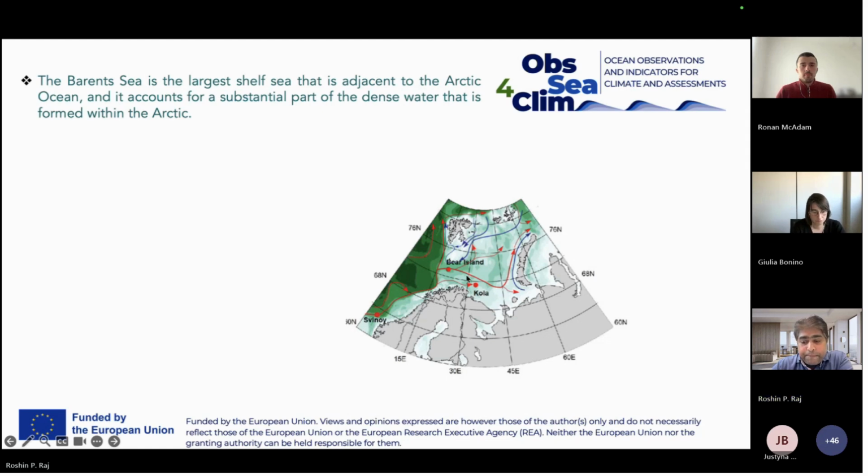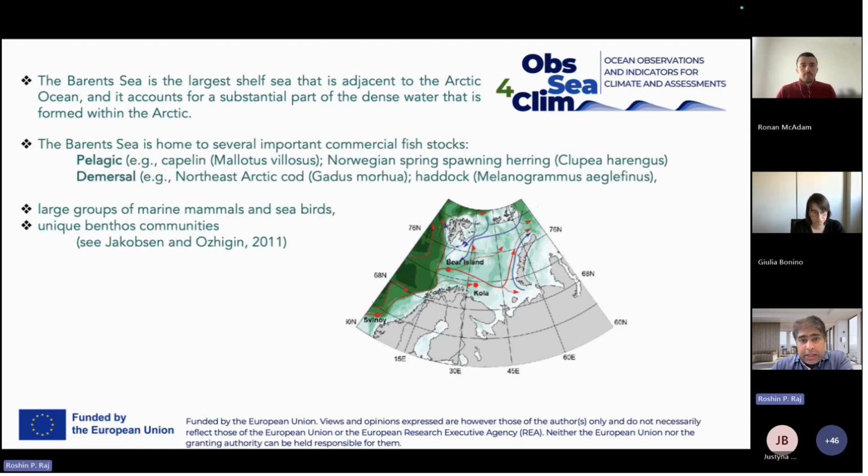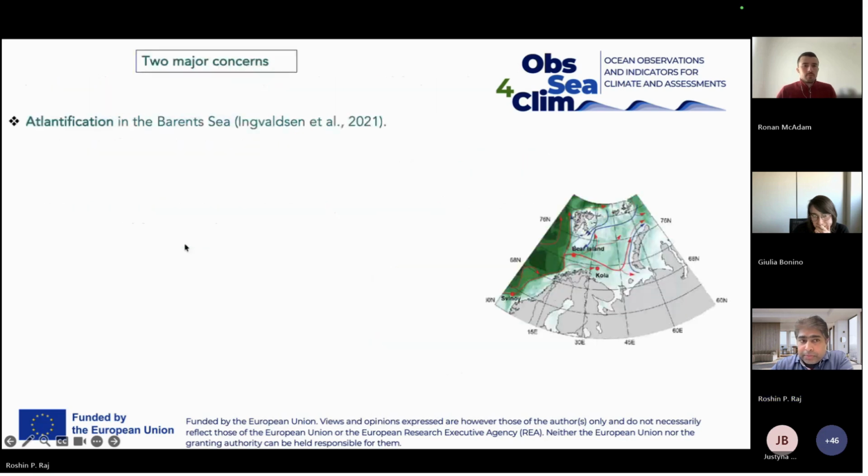The Barents Sea is very important as far as fisheries are concerned. It has both pelagic and demersal fish stocks, and it hosts a large group of marine mammals and seabirds and unique benthos communities. In the Barents Sea, two main concerns are Atlantification and marine heat waves.